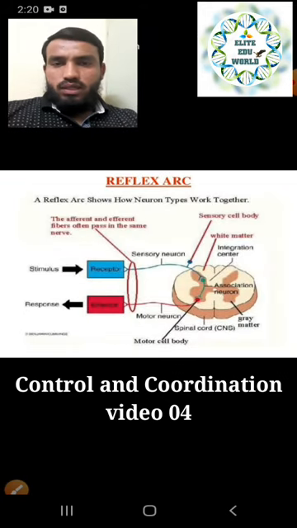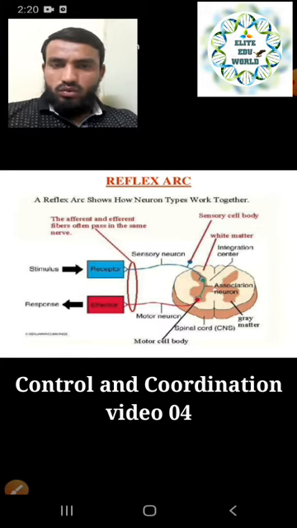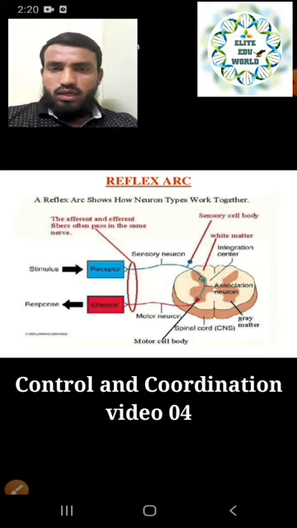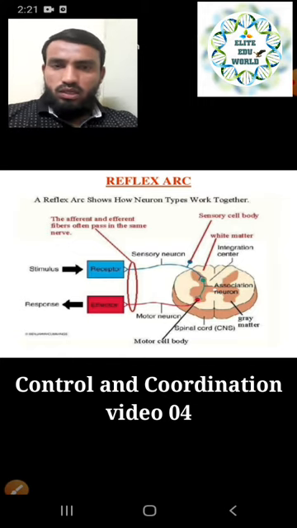In the next slide we will see how the reflex arc happens in more detail. The new thing to understand is that afferent and efferent fibers pass through the same nerve. When we talk about one nerve, it has two kinds of fibers. One is called afferent, which takes the message or stimulus from the body up to the spinal cord.